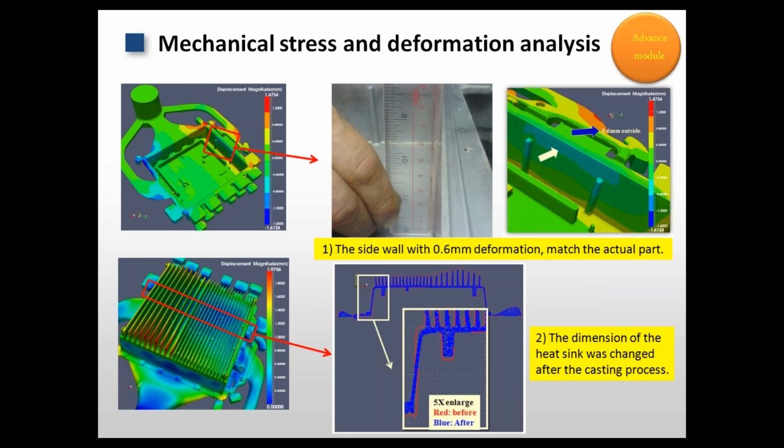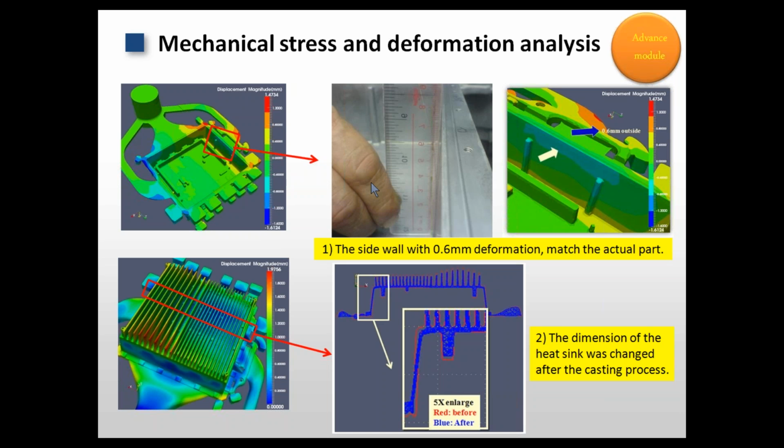And this case is about stress and deformation analysis. It is very useful for predicting the deformation. In this case, the wall of this casting part is deformed outwards by about 0.6 millimeters, and this is the real photo.